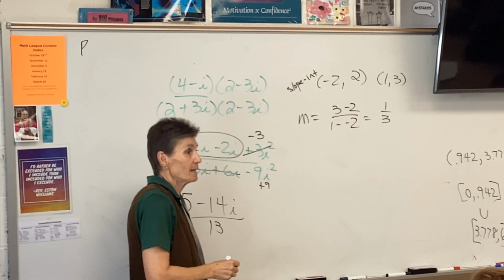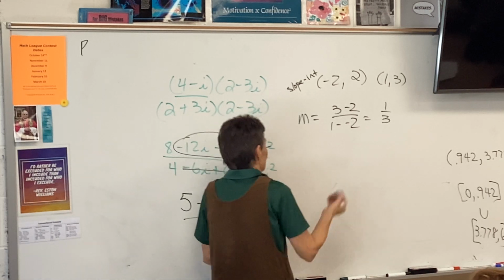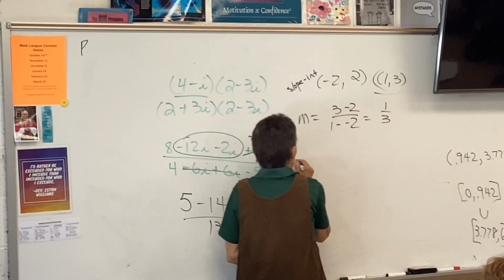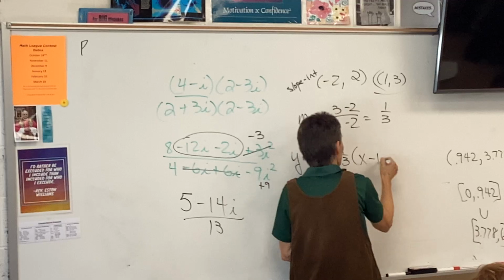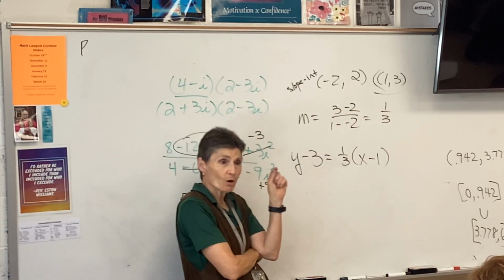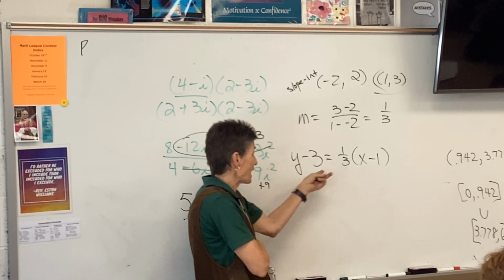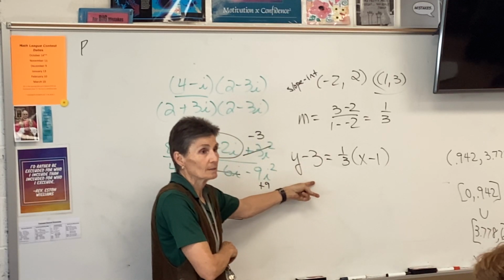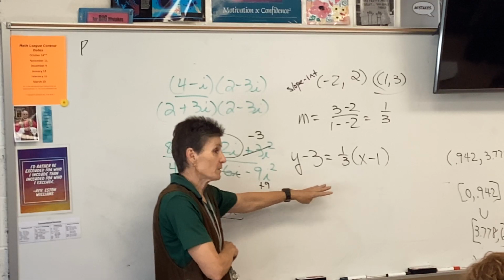Now I'll pick a point. So y minus 3 equals 1/3 (x minus 1). If there are no directions, then I could stop right here, because that's the equation of the line, right? That's point-slope form, perfectly okay.